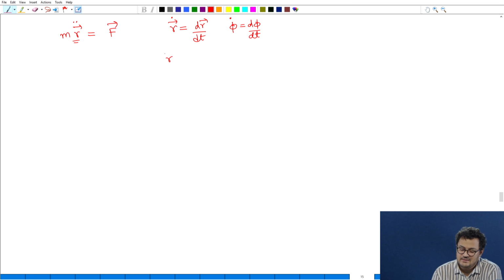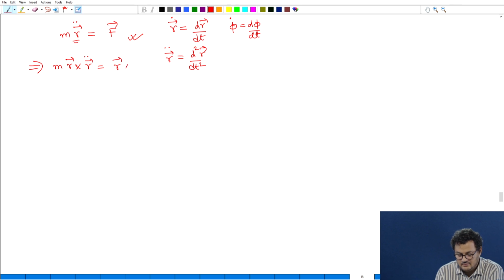If I say r double dot, then it simply says d²r/dt². So here I can easily write like this. If on both sides you multiply by m r cross r double dot, then here it will be r cross f.